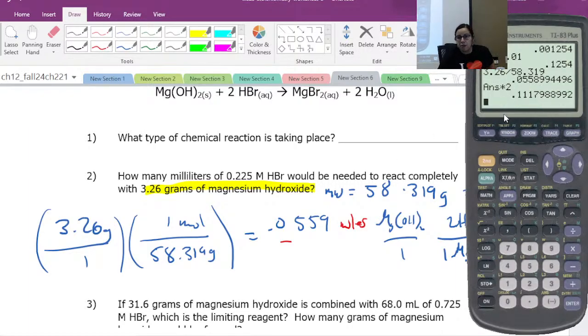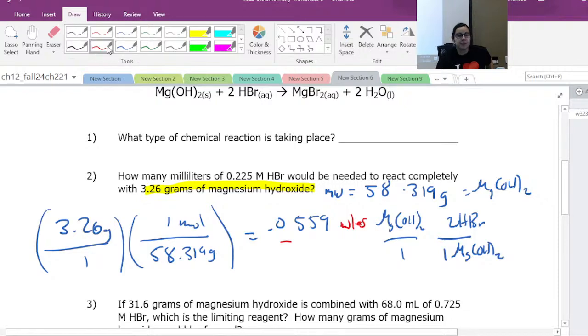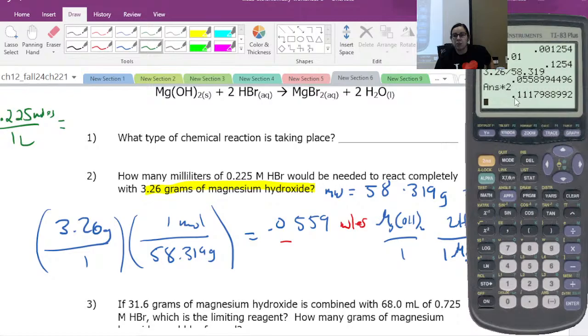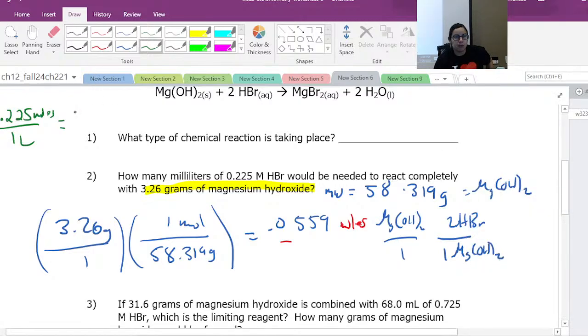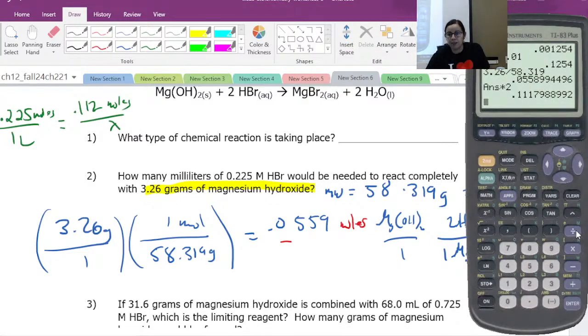And so now we have 0.1117 moles, right? We have a 0.225 molar solution. And so I might just set up a proportion for this one. So 0.225 moles for every 1 liter. So we need 0.112 roughly moles. So how many liters is that? So we need to divide by our molarity.